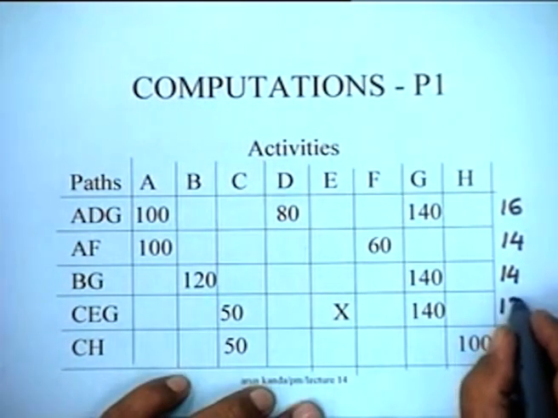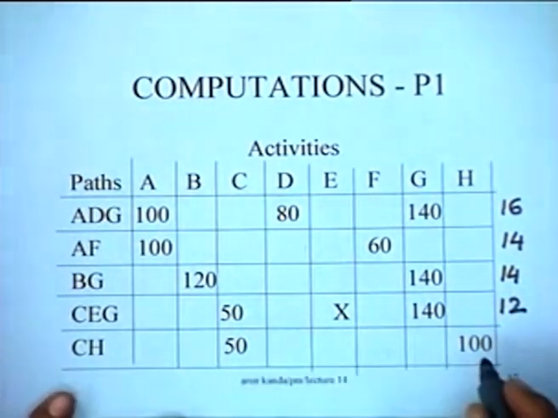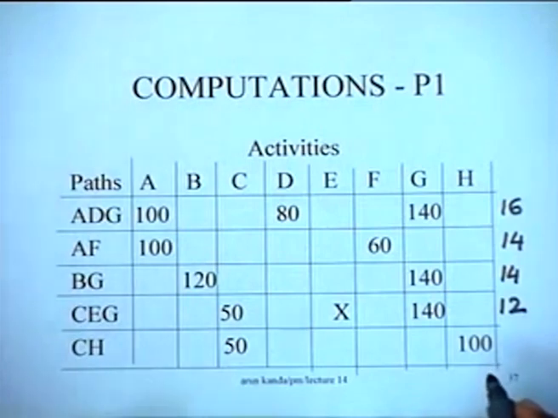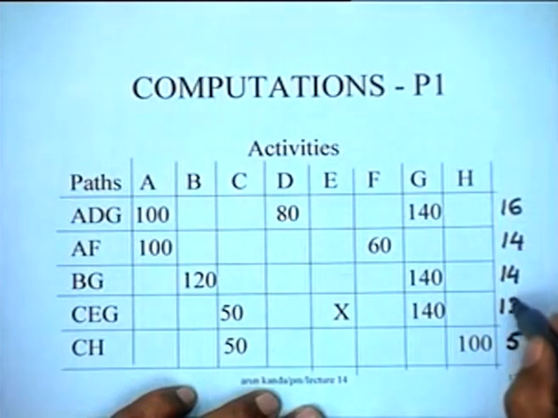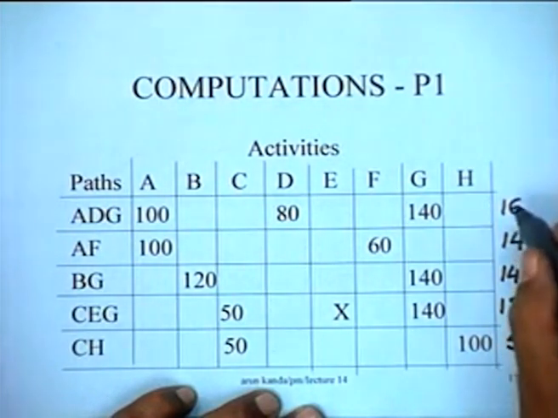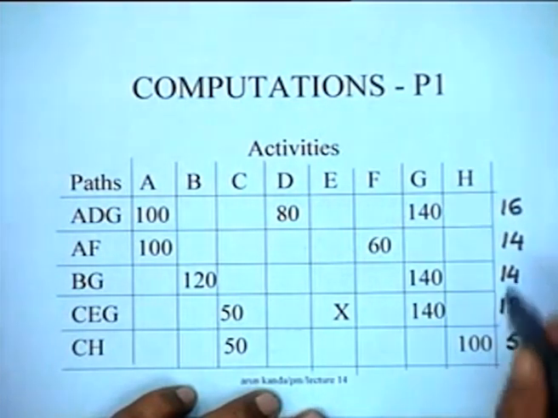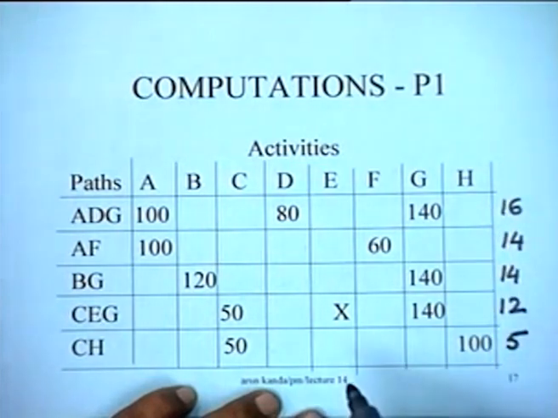So the length of this path is 12 days, and CH has a path length of 3 plus 2, which is just 5 days. So I note down the current durations of all the paths in this particular way.